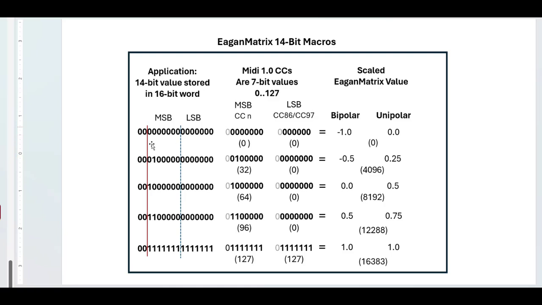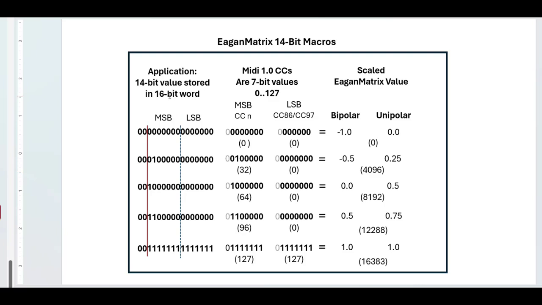Our 14-bit value on the left here, probably in your application, is not going to be a 14-bit word. It'll probably be a 16-bit word, or maybe even a 32-bit word, or maybe you somehow have something that's using two 8-bit entities that you're aggregating, but probably you'll be using a 16-bit word. Let's use that as the example here.